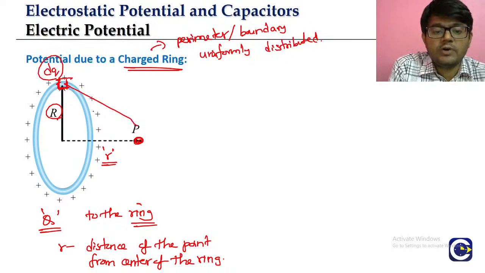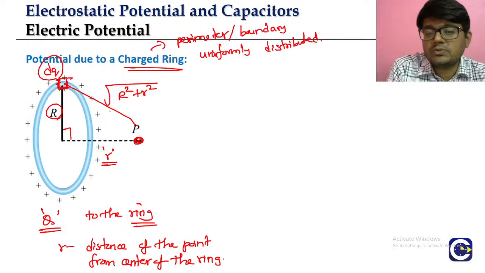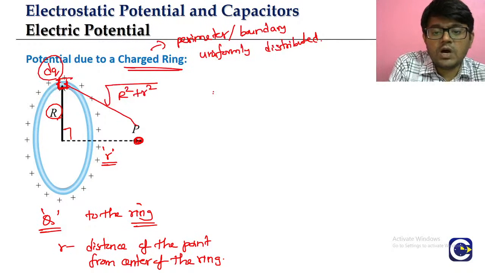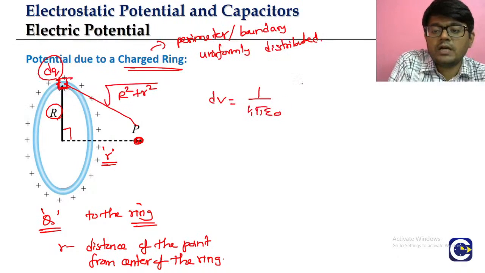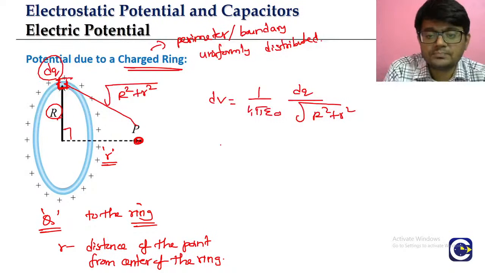The distance to the point forms a right angle triangle, so the hypotenuse is the root of base square plus height square. So the small potential at point P because of the charge element is 1 by 4 pi epsilon naught, dq divided by the root of capital R square plus small r square.